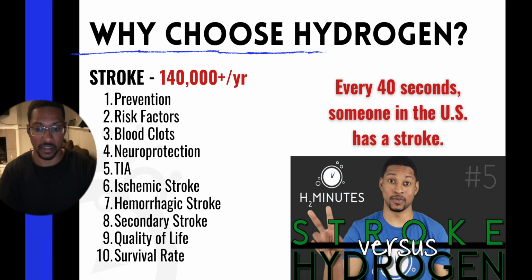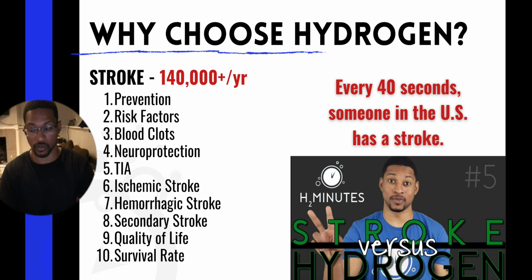But yeah, so hydrogen has therapeutic potential for strokes by prevention or aiding in the risk factors, such as reducing high blood pressure and things like that. Help with blood clots, neuroprotection, TIAs, transient ischemic attacks. And then you have ischemic strokes, hemorrhagic strokes, secondary strokes, quality of life, and survival rate.